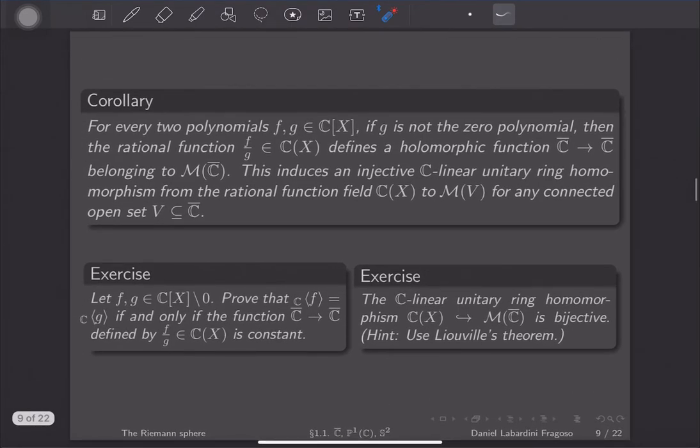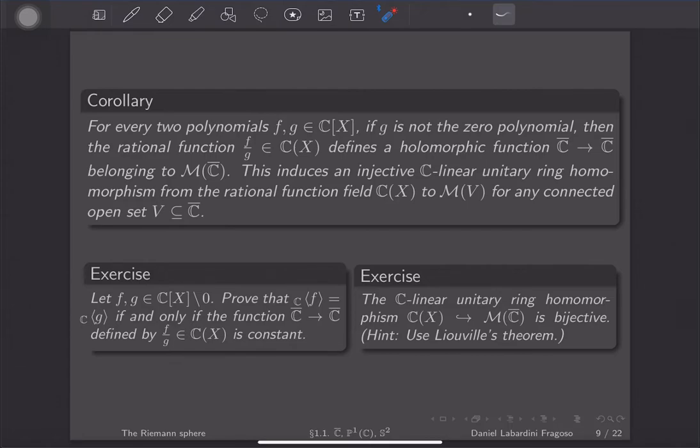Here are two exercises so that you recall or review a little bit of your complex analysis class. Here I take two non-zero polynomials, and by this I mean the one-dimensional complex vector subspace of the vector space of polynomials spanned by f.